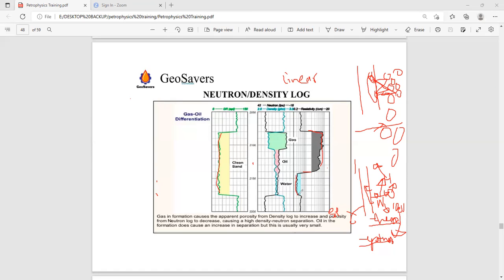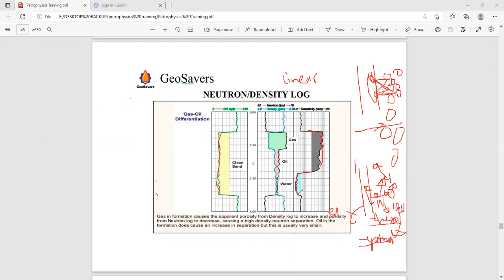Once you are done with that, the next track that you move to, we call this the porosity track. Within this porosity track, we have the neutron and the density log. Still, my colleague has taken his time to explain to you in detail what the neutron and the density log measure. So this porosity track tells us, within that hydrocarbon, what is oil and what is gas.